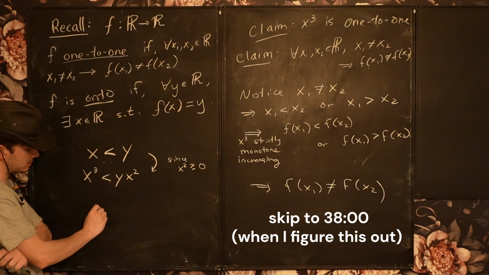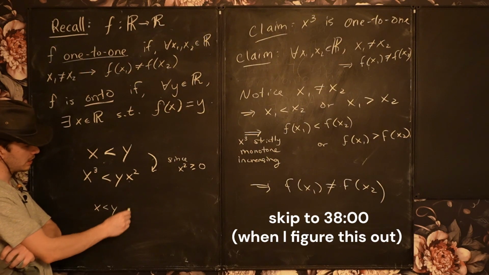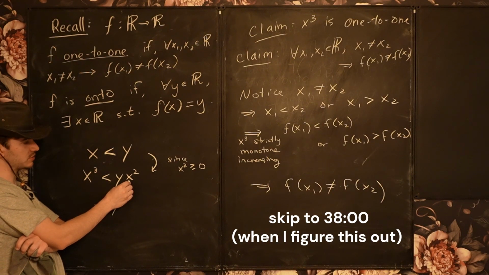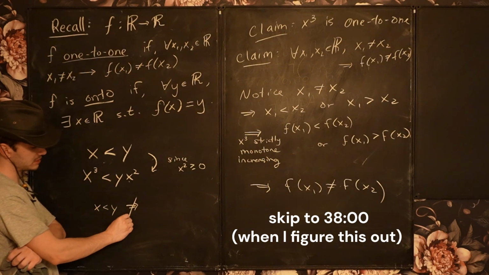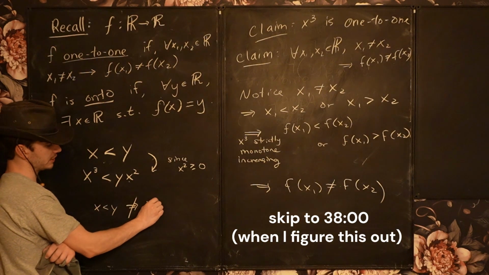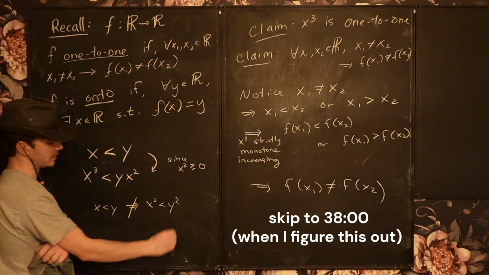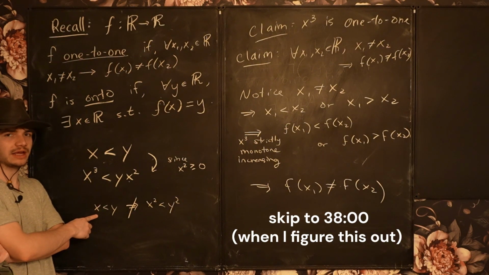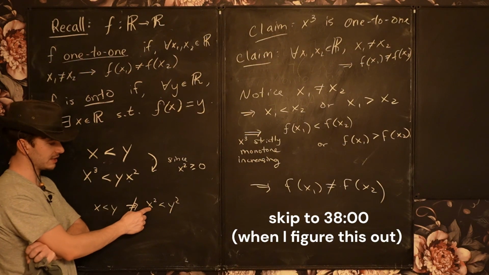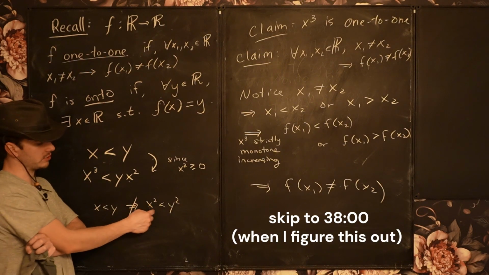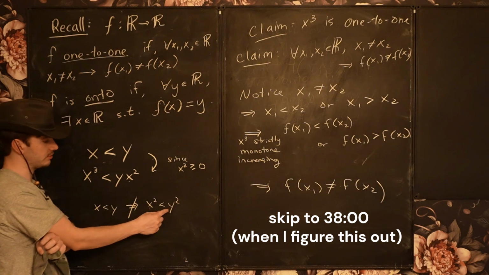because x less than y, I wanted to replace this with a y squared, basically. But this does not imply that x squared is less than y squared, right? Because x could be like negative 9 billion, y could be 10, and then when I square it, x squared is a huge number and y squared is a really small number.